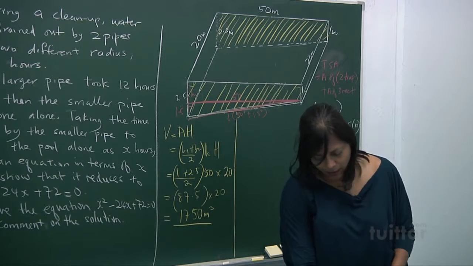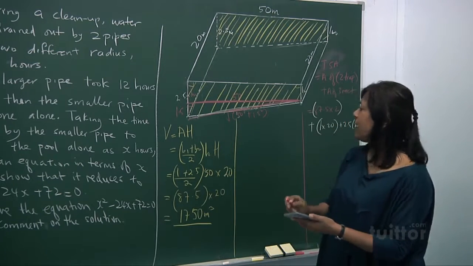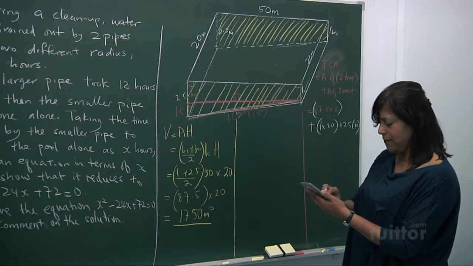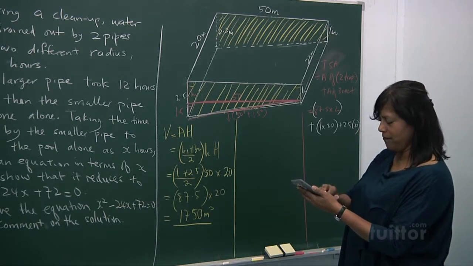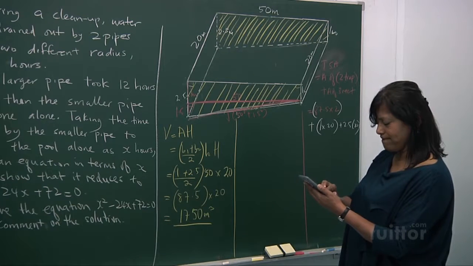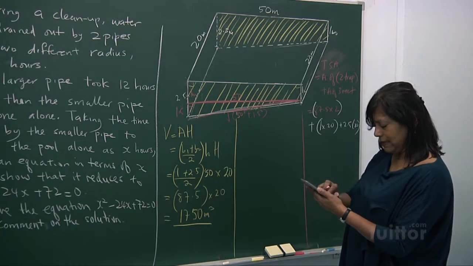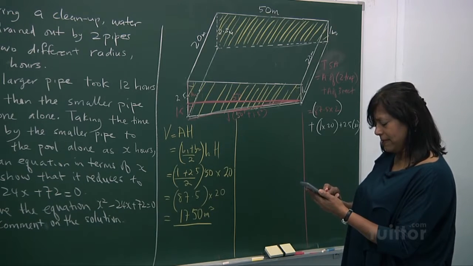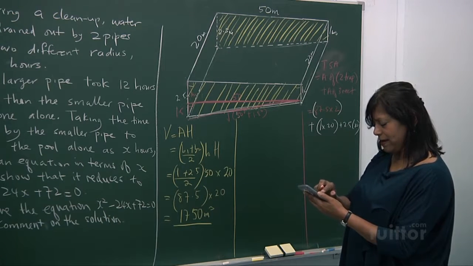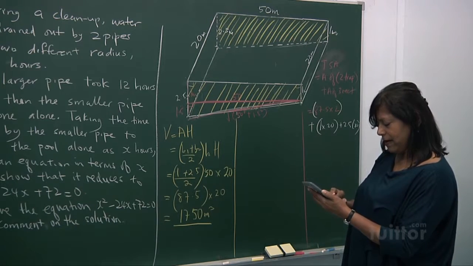What does that work out to? Okay, let's do it steadily. 50 squared plus 1.5 squared. Get your answer and then you find the square root of it.